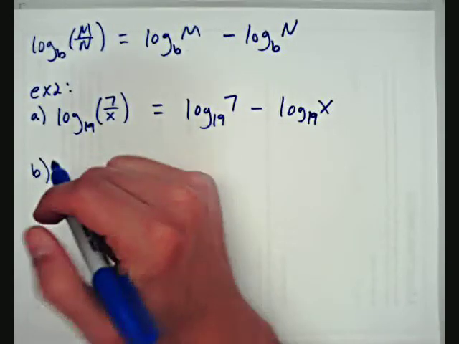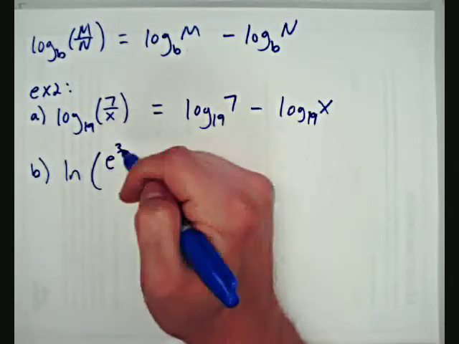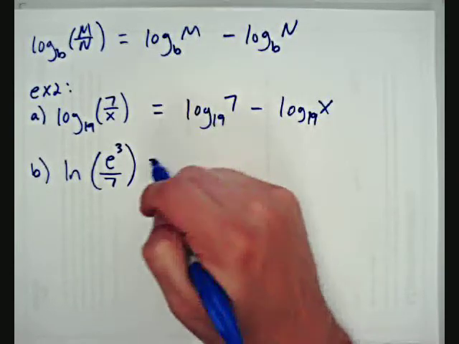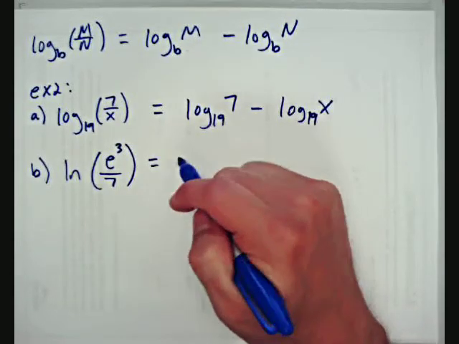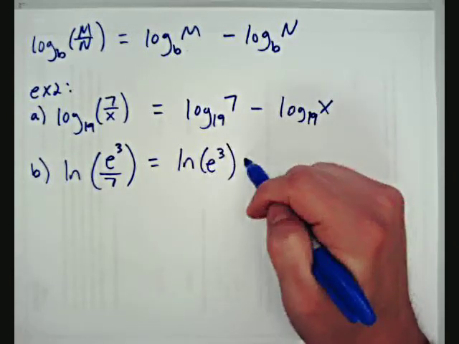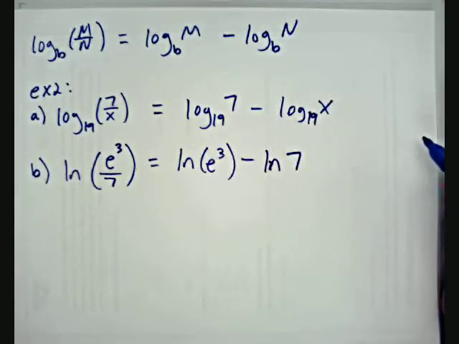Part B, the natural log of e cubed over 7. The natural log of e cubed, and we'd subtract the natural log of 7 is how that would expand. Okay, remember that the natural log has base e.